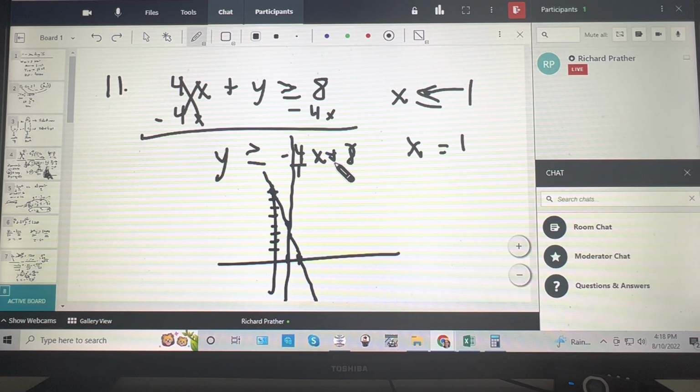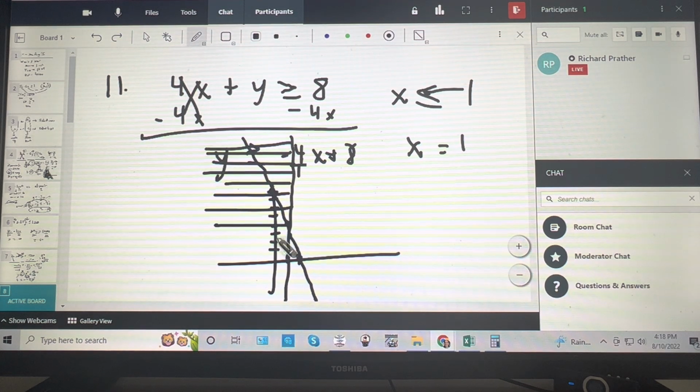So I want to be to the left of the vertical line, but above the diagonal line. So some people do it this way where they go to the left of the vertical line all the way down. And then they go above the diagonal line.